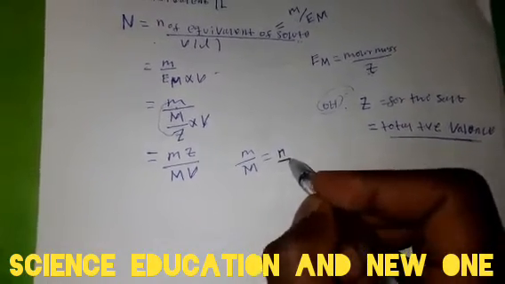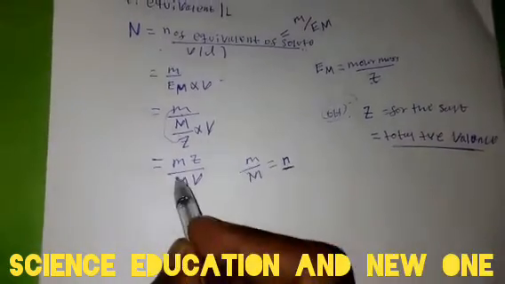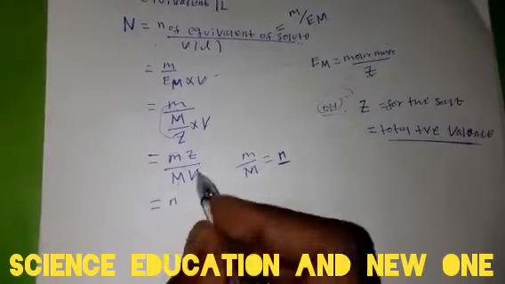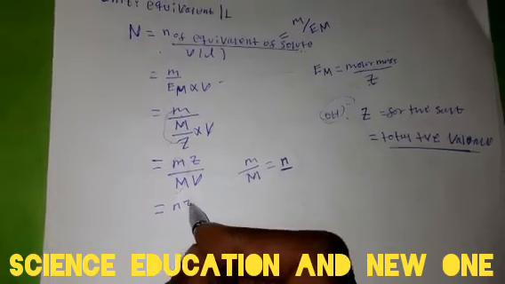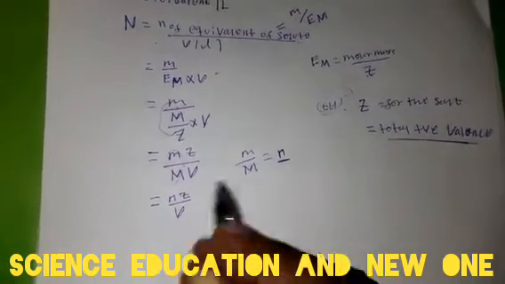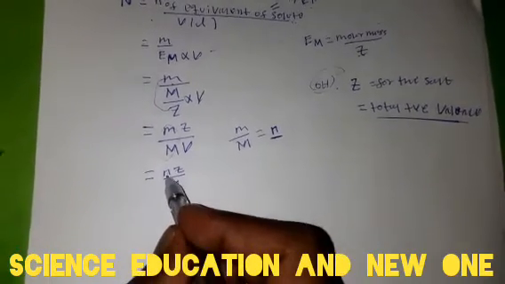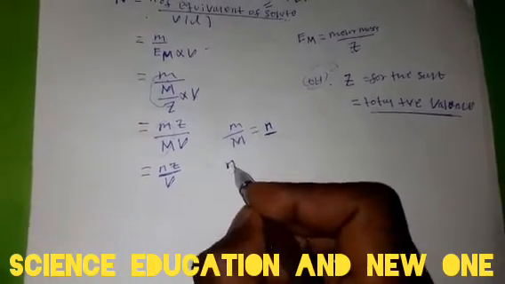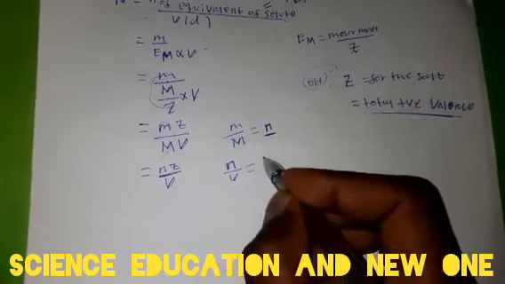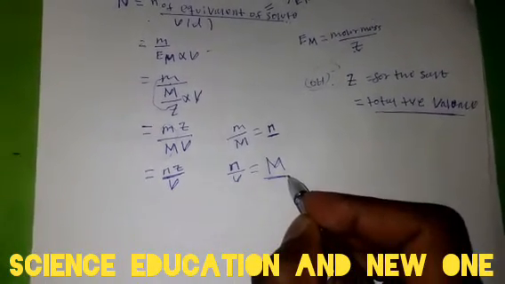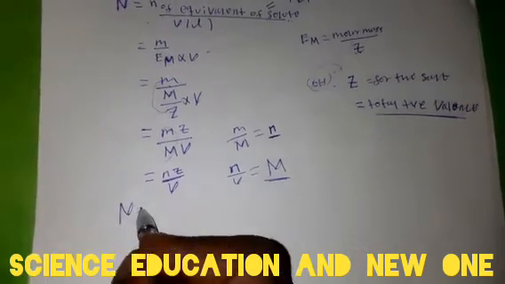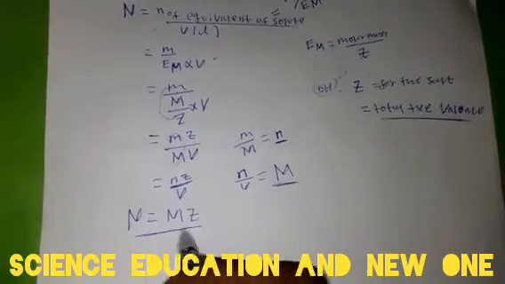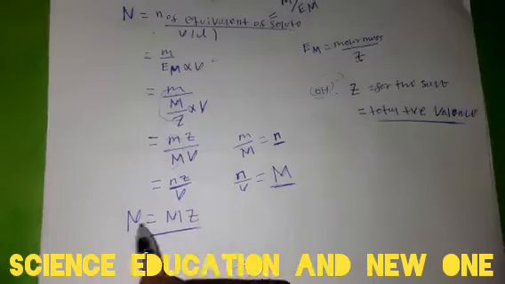We can replace it with n, so n Z over volume. Number of moles over volume is equals to molarity. So normality is equals to molarity times Z. This is the relation between the molarity and the normality.